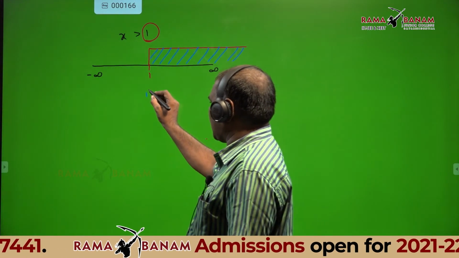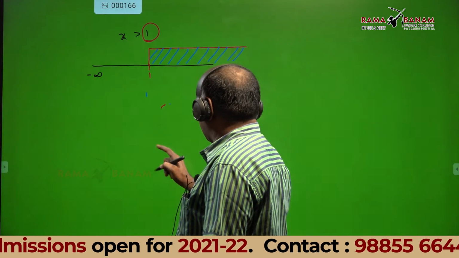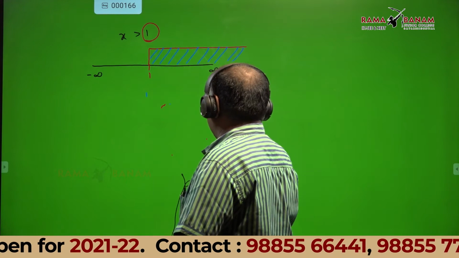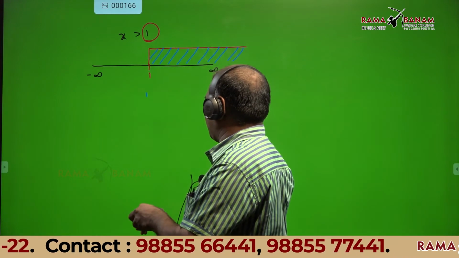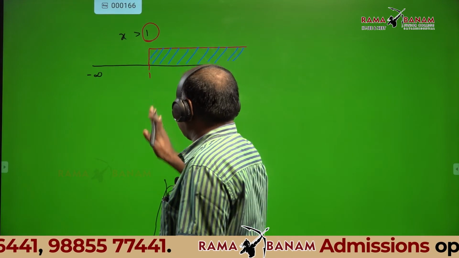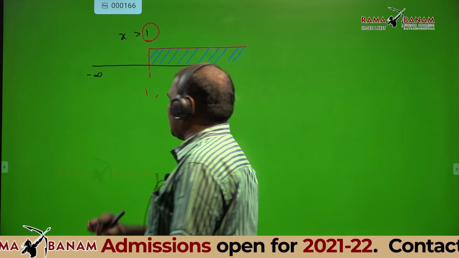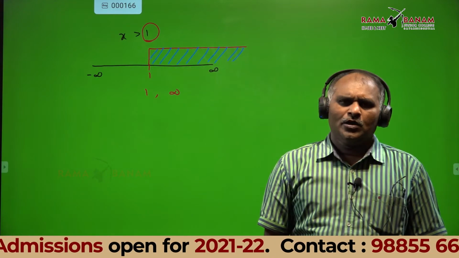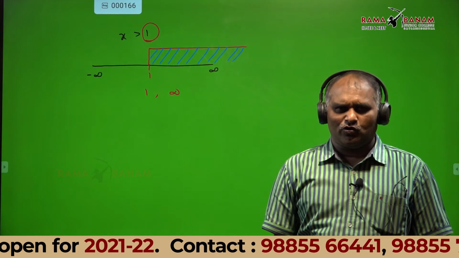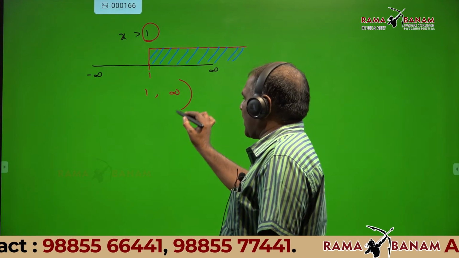That is the 1 I write, and the last one is infinity. Infinity means you cannot find out that value, that's why it is always an open bracket.